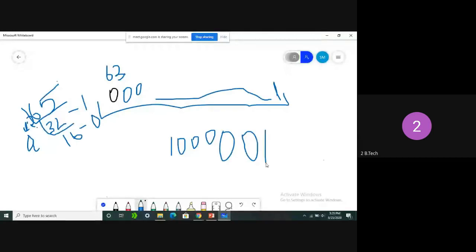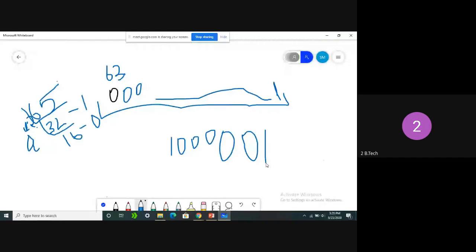This will be the 65 representation. So 1 into 2 power 0 is 1. What is 2 power 6? 64. 64 plus 1? 65. So this is how the processor will read.